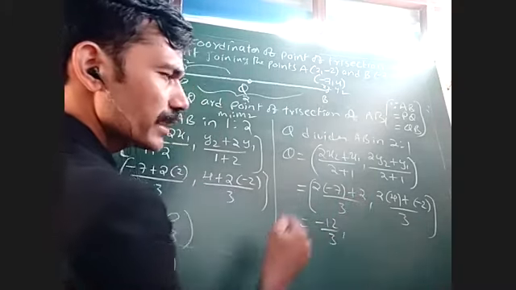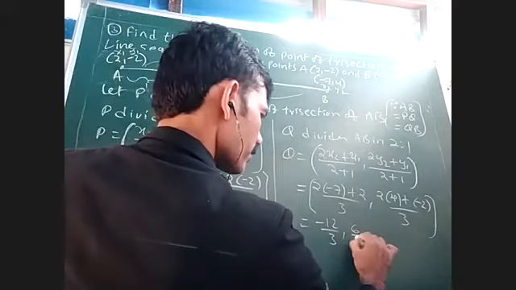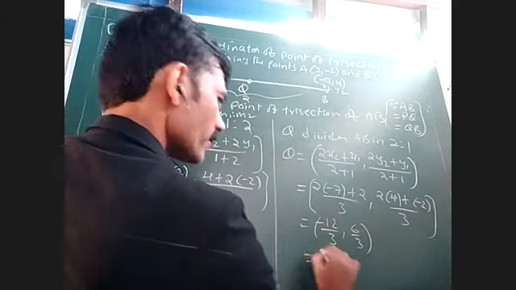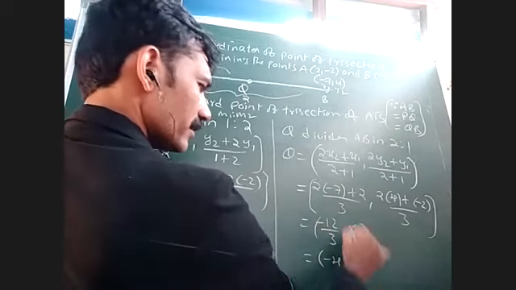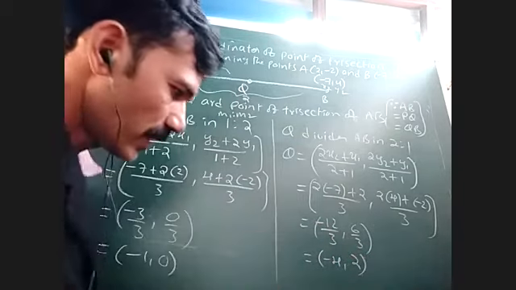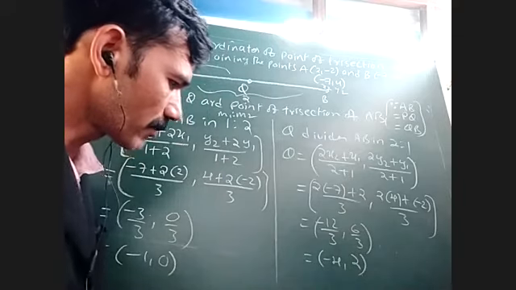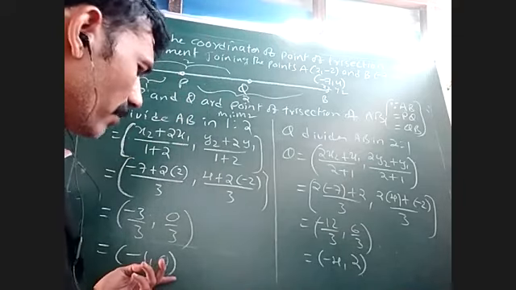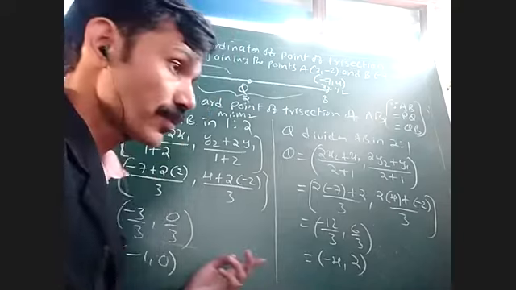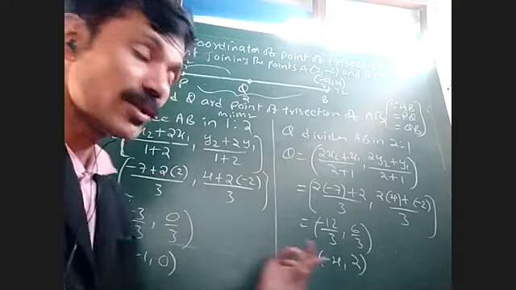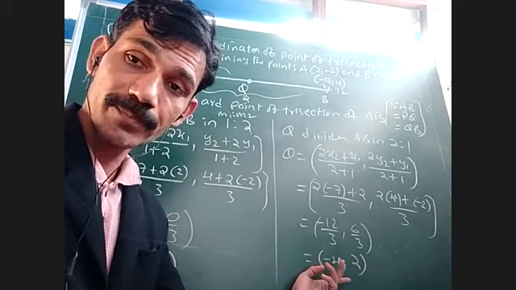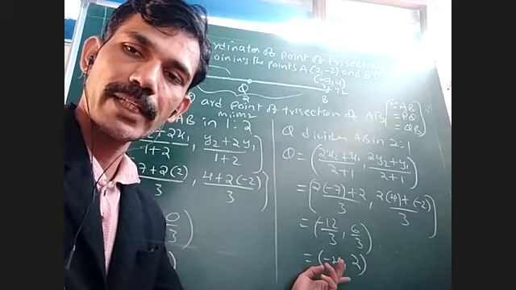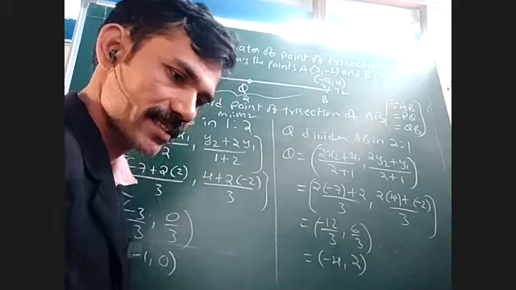Here 8 minus 2 means 6. So this is minus 4, this is 2. Let me check my answer. Yes, you can write the conclusion also: P(-1, 0) and Q(-4, 2) are the points of trisection. That means they are dividing the line segment into 3 equal parts.